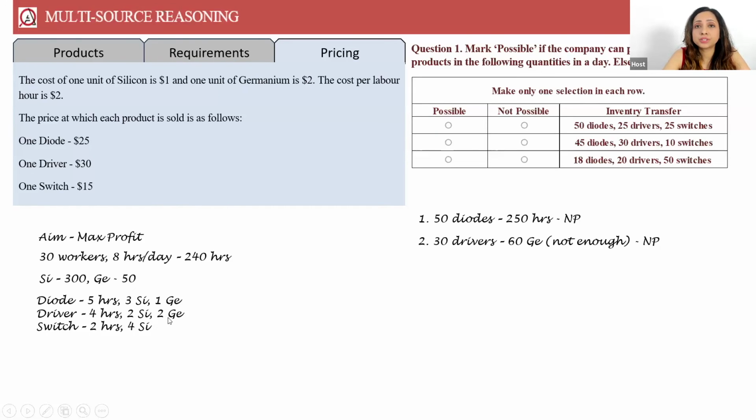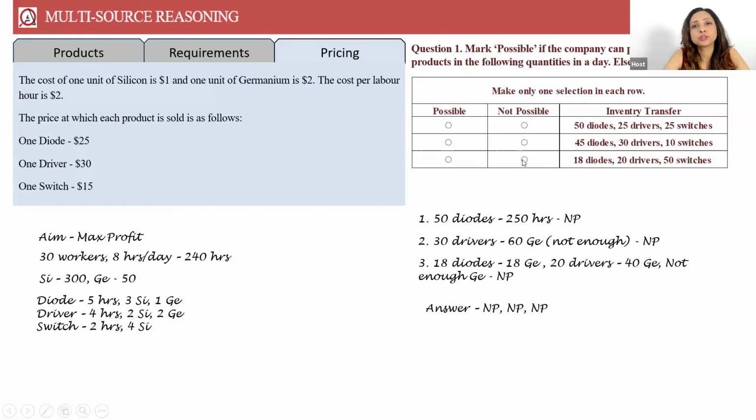It's given right over here, right? And if I make 18 diodes after that, I'll need 1 germanium each for the 18. Then I'll need 58 germanium units, but I have only 50. So again, my third one is also not possible. So my answer is not possible for all three.